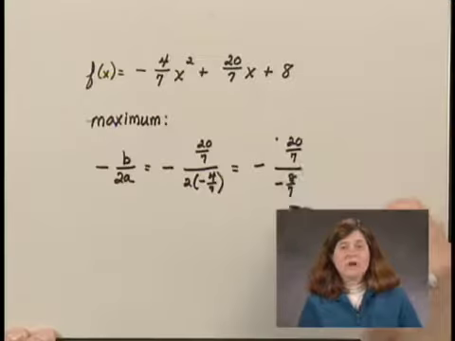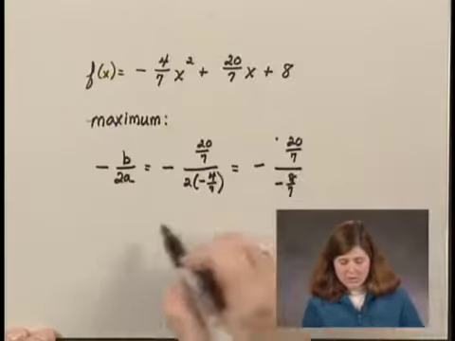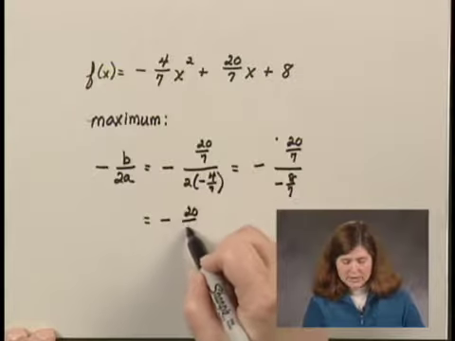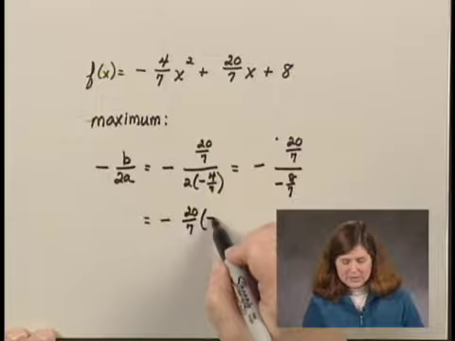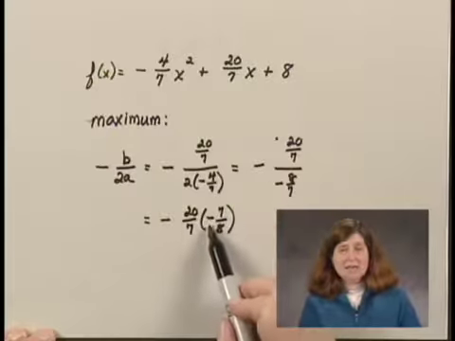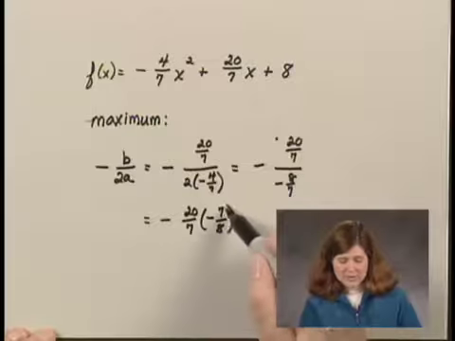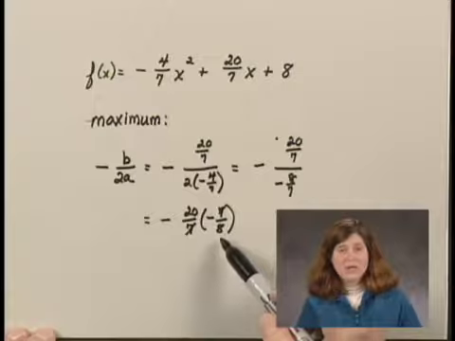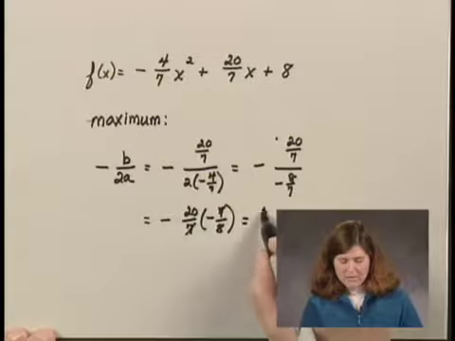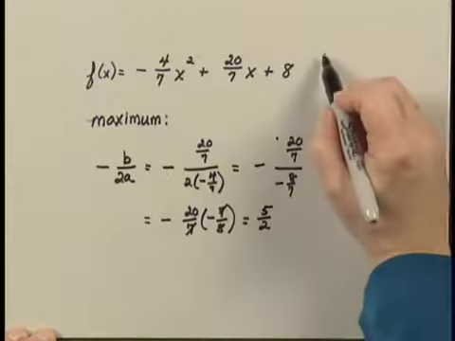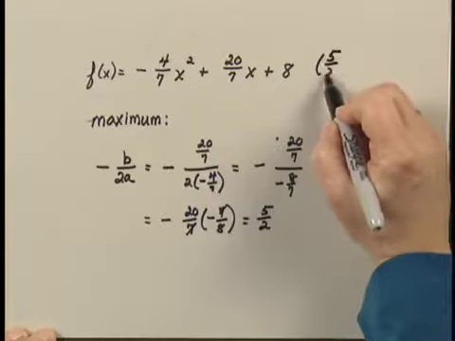And when we divide by a fraction, we multiply by its reciprocal. So that equals the opposite of 20/7 times -7/8. We have the opposite of a negative number, so it will be positive. The 7s will cancel, and I will have 20/8, or 5/2.